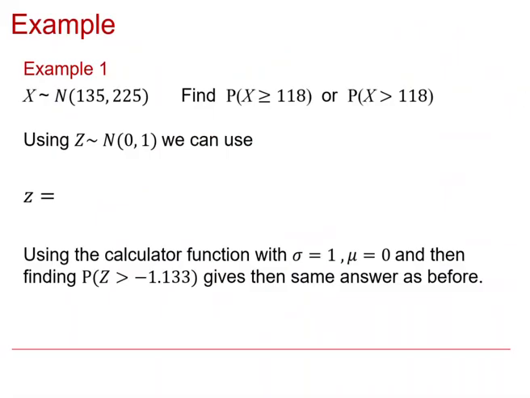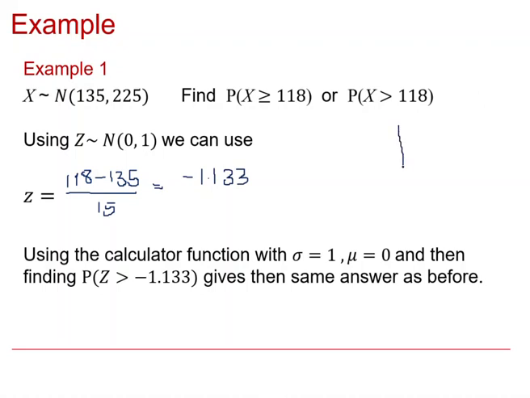Look at an example where a z-score is used rather than the actual x value that we started with. If we start with a value of 118, the z-score that corresponds to that is 118 minus the mean divided by the standard deviation, which is minus 1.133.